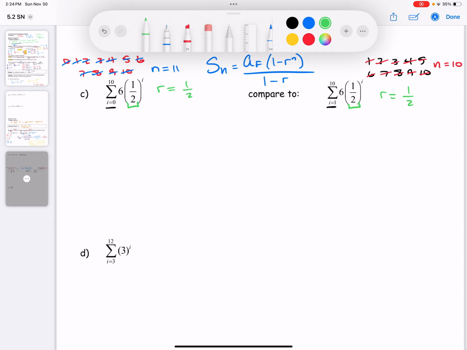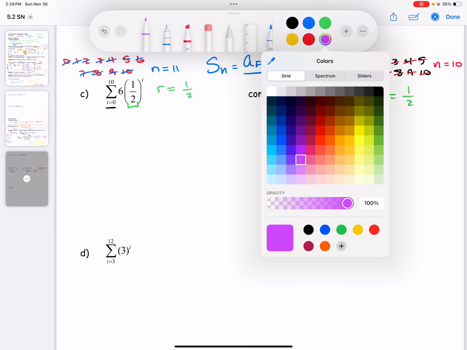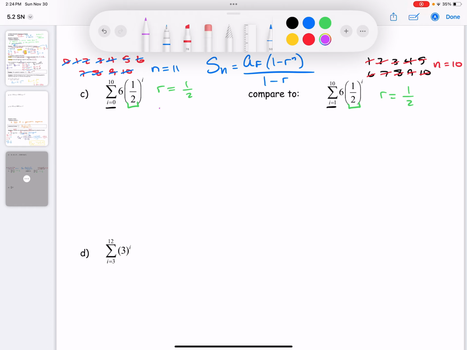And then the last piece we need for both of them is our first term. So to figure out the first term, you need to take this lower limit and plug it into the equation.